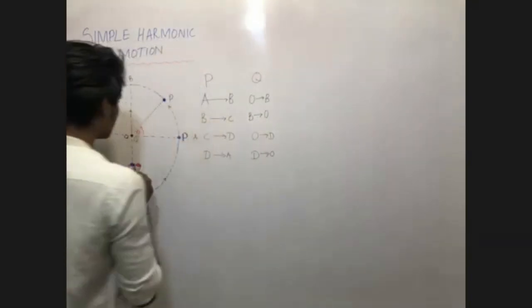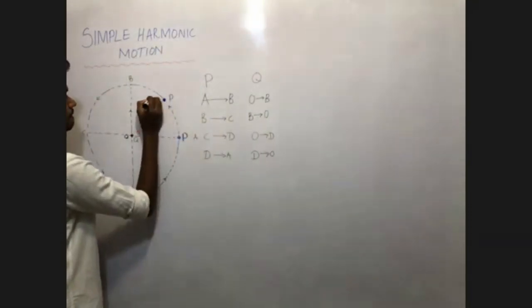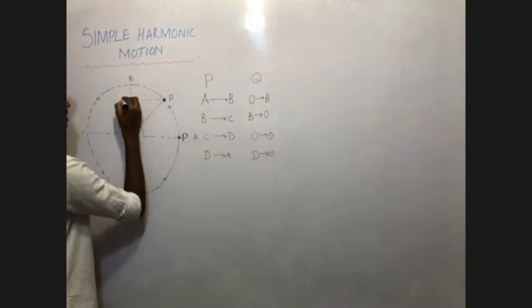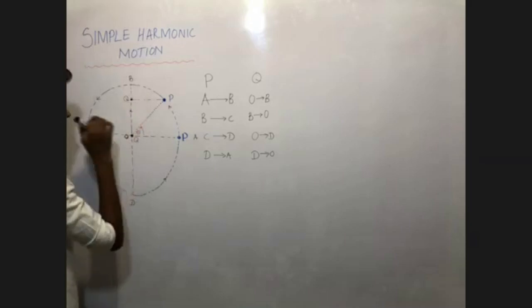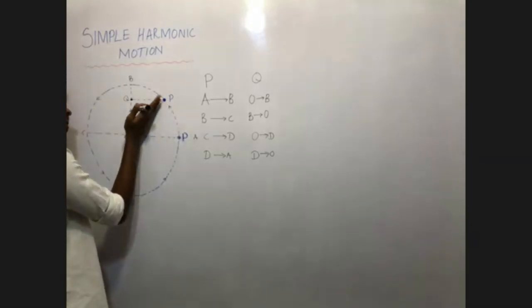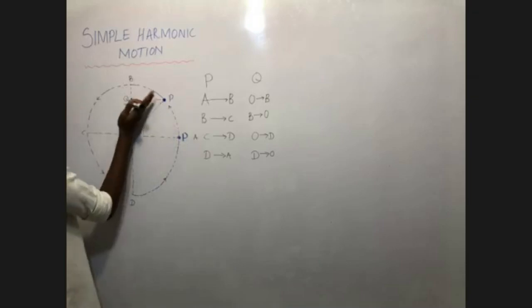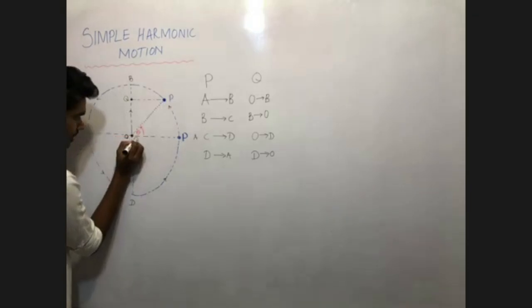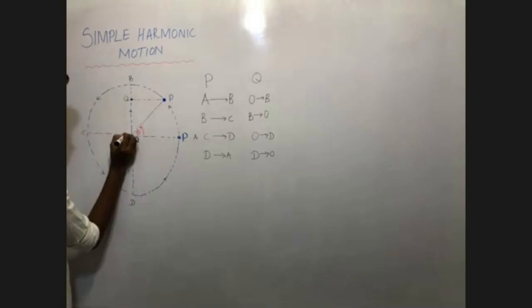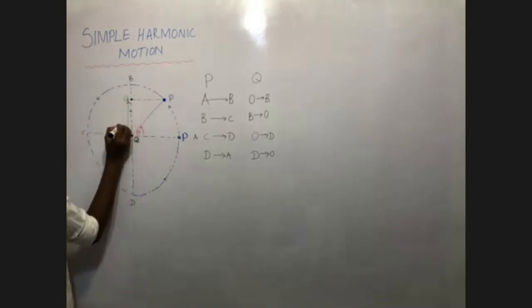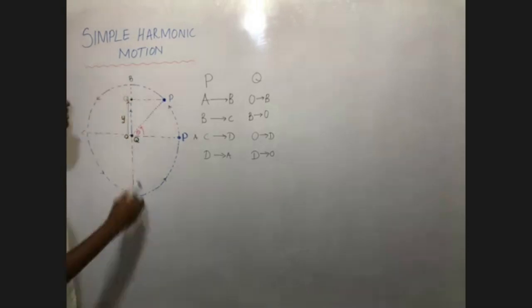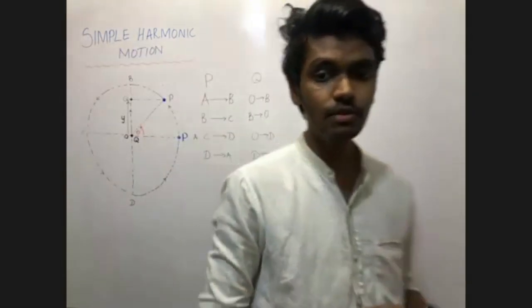So the projection is where? The projection on the y-axis should be here. So when P performs an angular displacement of theta, the Q particle performs a linear displacement. Let's call it y.